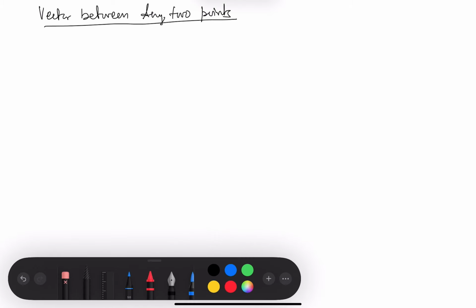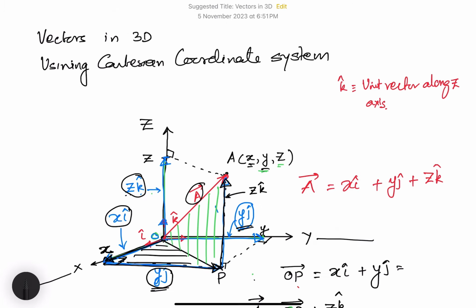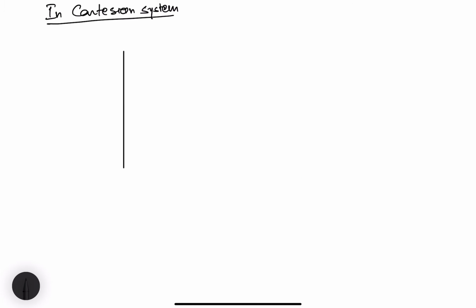So now we learn the vectors between any two points in the y-axis and x-axis. Okay. Suppose there is a point here which is A, which has coordinate x comma y.